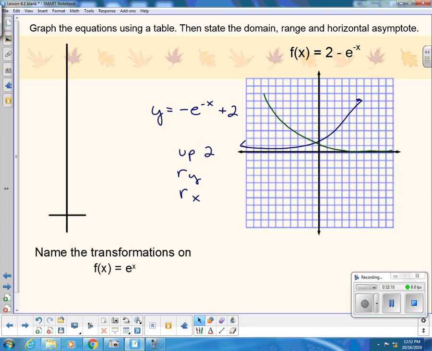Reflect it upside down, and then it's going to shift it up 2. So do the reflections first. That's what the graph looks like, the purple one. But you have to be able to name the transformations. It doesn't matter what the base is. The transformations are the same.